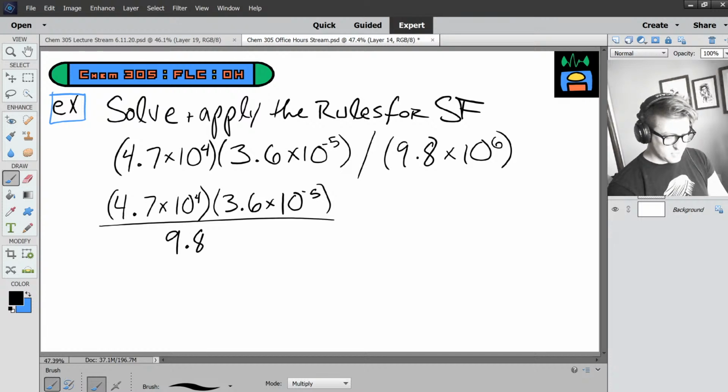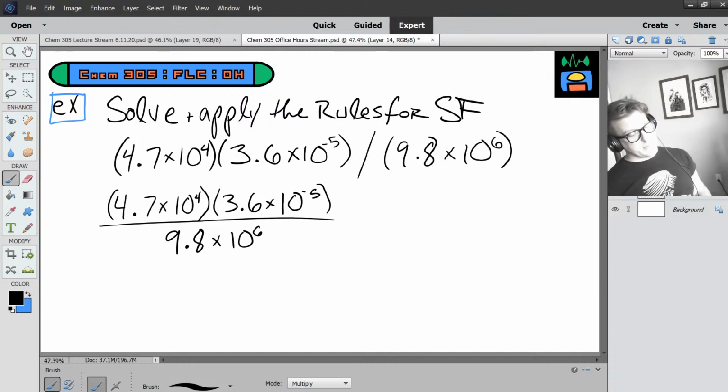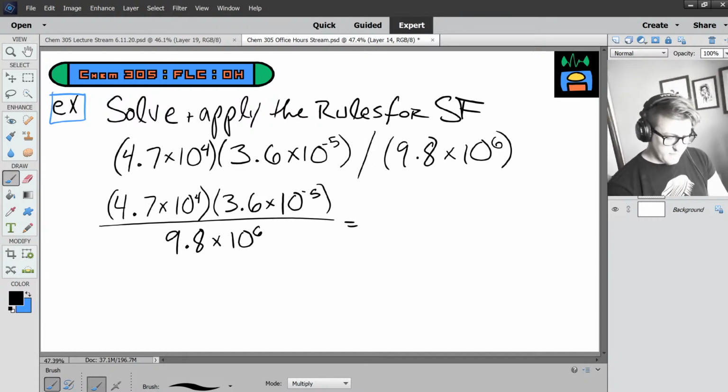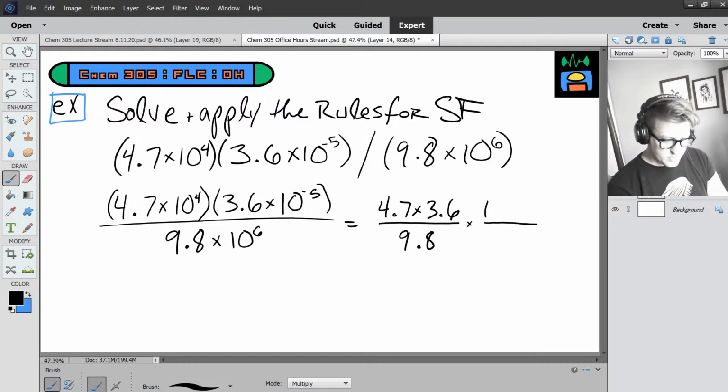I'm going to use a little algebraic trick that I find makes things easier. I'm going to separate out my powers of 10 and my numbers, all right? So this is going to be equal to 4.7 times 3.6 divided by 9.8 times, and then all the powers of 10: 10 to the 4th times 10 to the negative 5th divided by 10 to the 6th.